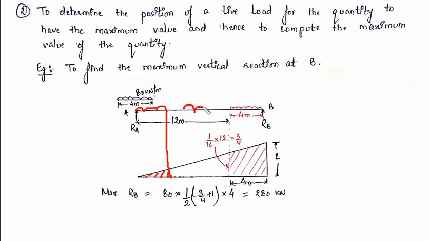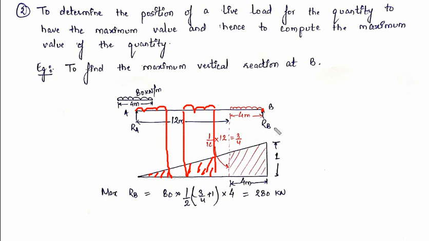Suppose the UDL moves to here. So the area covered by this UDL will now increase. Now it is evident from this diagram, when the head of the UDL will be at point B, maximum area of this diagram will be covered. Now since the area of the ILD diagram will be maximum, the value of RB will be maximum.